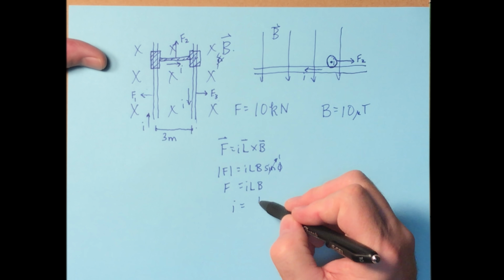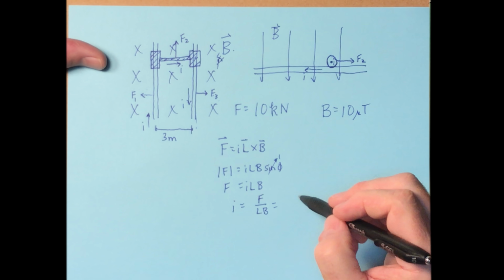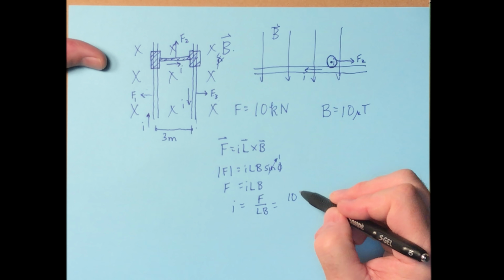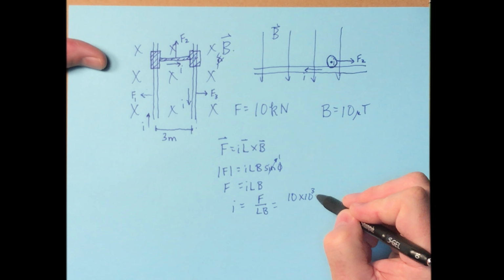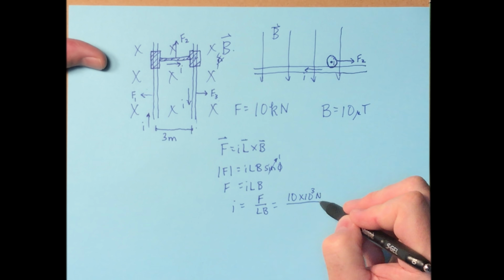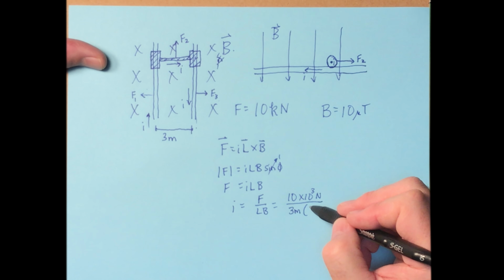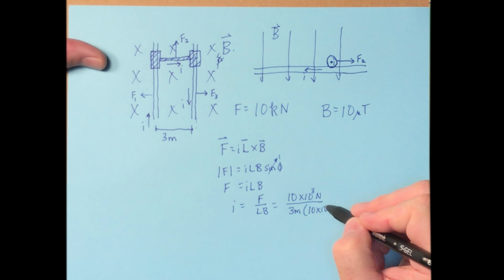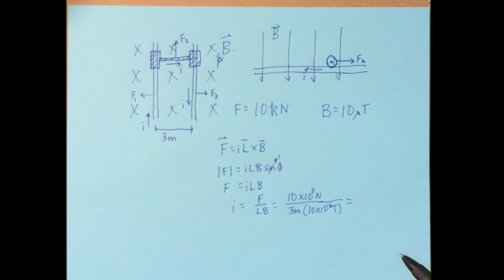I is F over LB. And if I plug in 10 kilonewtons, that's 10 times 10 to the third newtons, divided by L, which is 3 meters, times B, which is 10 times 10 to the negative 6 tesla. And now we need to do a calculation.